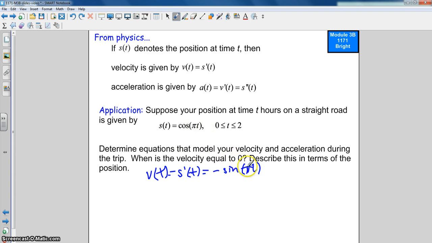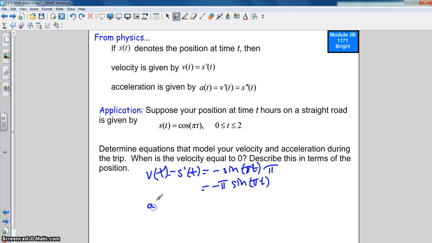We'll talk about the chain rule in the next section, but essentially it's just multiplying by the derivative of whatever is inside here. So multiply by pi. And I can rewrite that as minus pi, just pulling the constant out front, minus pi sine of pi t.